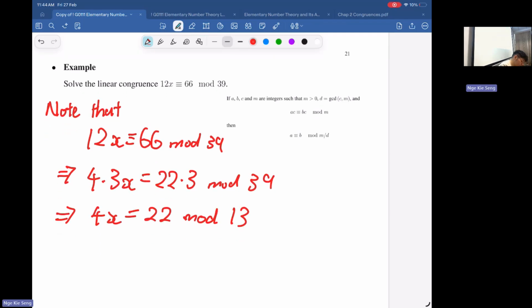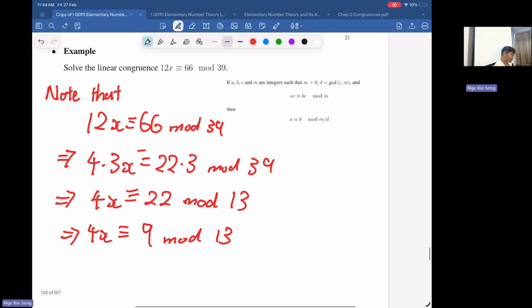And then this will imply that 4x is equivalent to 9 mod 13.